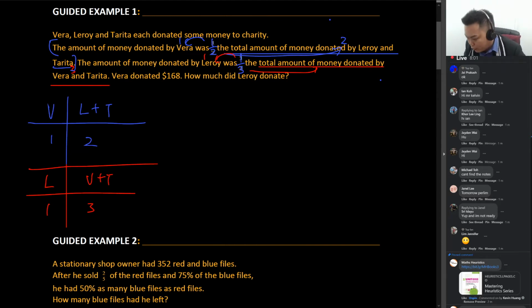Once you have all these defined, my next question is: is there anything we can do to make all the units the same first? Okay, anyone?